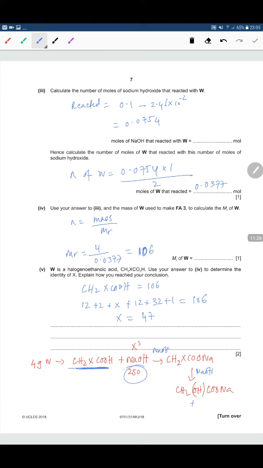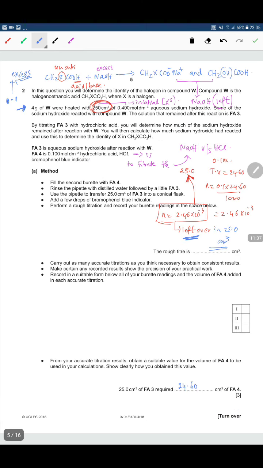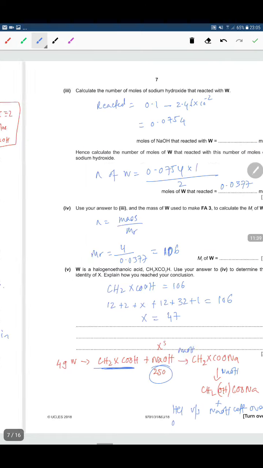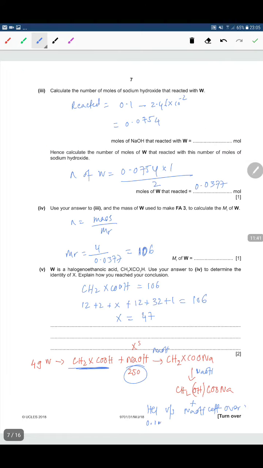Then there is leftover sodium hydroxide, and that leftover you are now titrating with HCl, and the concentration of HCl provided was 0.1 molar. Then we perform the calculation to obtain the number of moles.